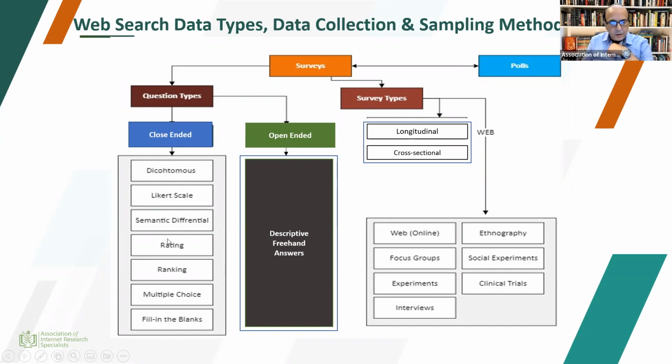There are all these different ones. You just have to see what it means or how they're structured to be able to answer questions in the exams. So the terms might be important. Dichotomous, Likert scale, semantic differential, rating.